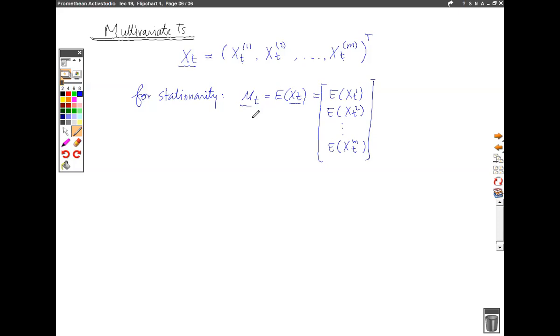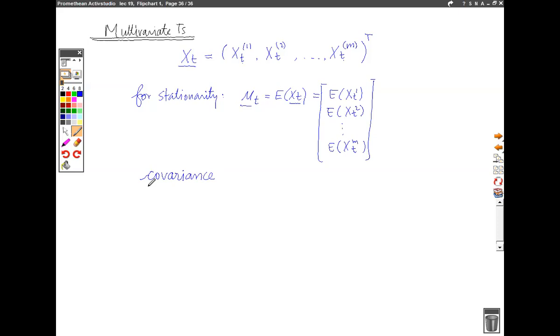And now the next thing that you will have a look at is the covariance. So remember, now that you have m number of components, how many covariances will you have to look at? Anyone? How many covariances will I have? M times m minus 1, right?